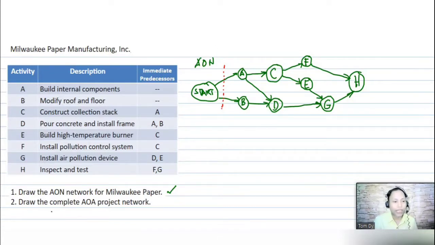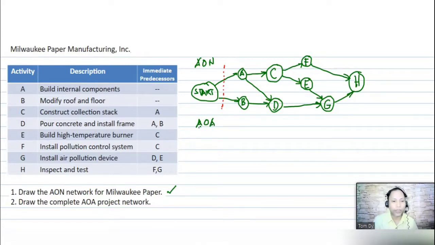Okay. This time we will draw the complete AOA project network. AOA, activity on arrow.